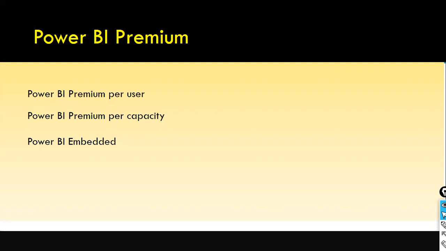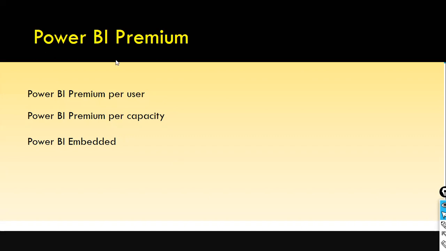Yeah, I was talking about the P1, right? P1 SKU. In Power BI, the P1 SKU refers to the Power BI Premium P1 license. Okay, Power BI Premium is capacity based, or we can say it's dedicated resources in the case of premium per capacity.